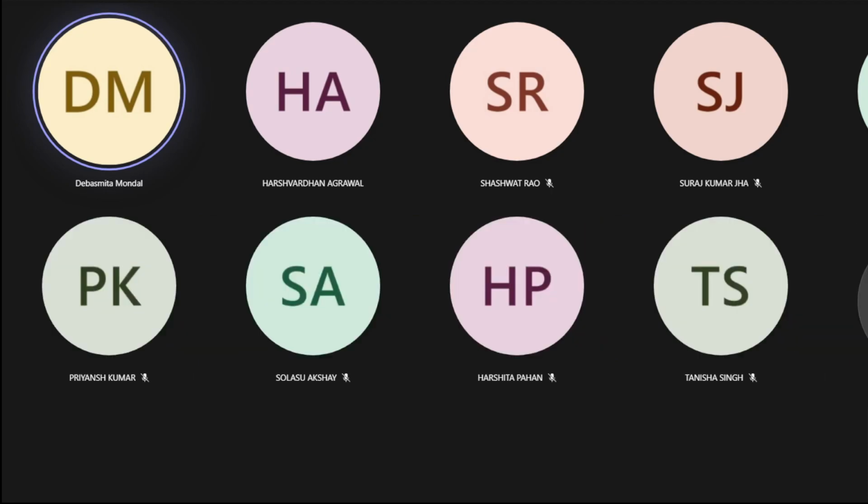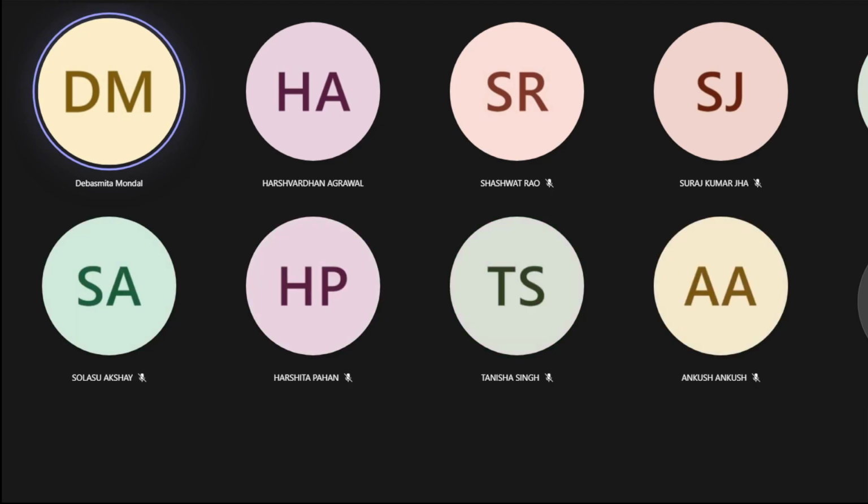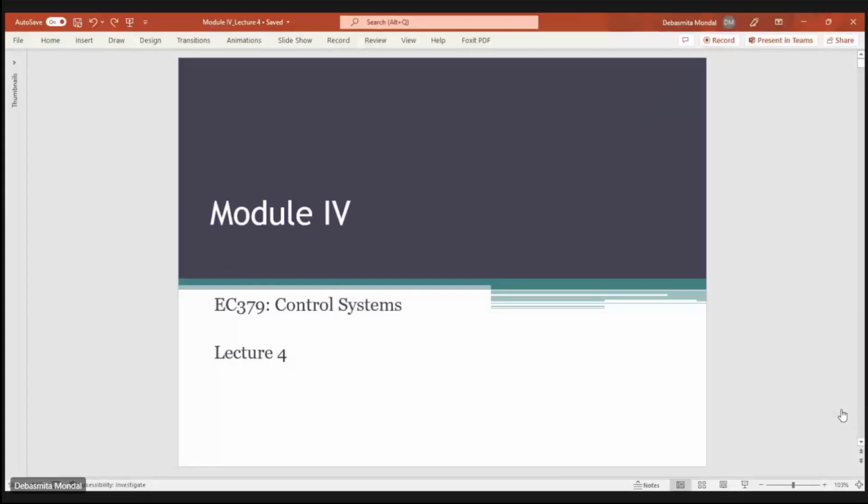So I would request that you please revise your concepts of matrix algebra, because otherwise it would be difficult for you to solve problems in the state space domain. Mostly only the basics are needed, like matrix multiplication, how to find the rank of a matrix, and the inverse of a matrix. The simple matrix algebra is needed.